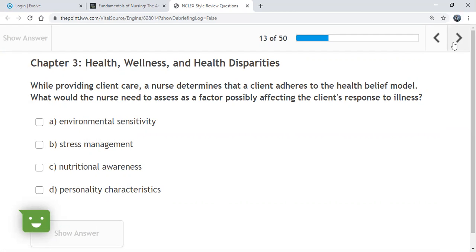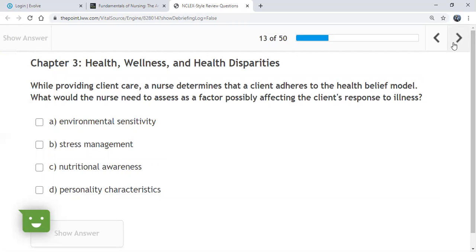While providing client care, a nurse determines that a client adheres to the health belief model. What would the nurse need to assess as a factor possibly affecting the client's response to illness?